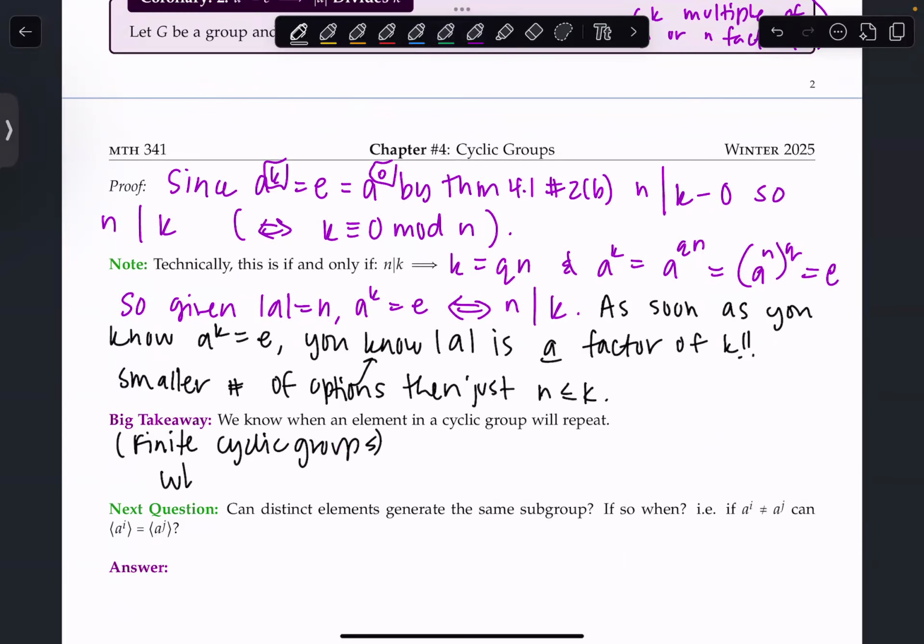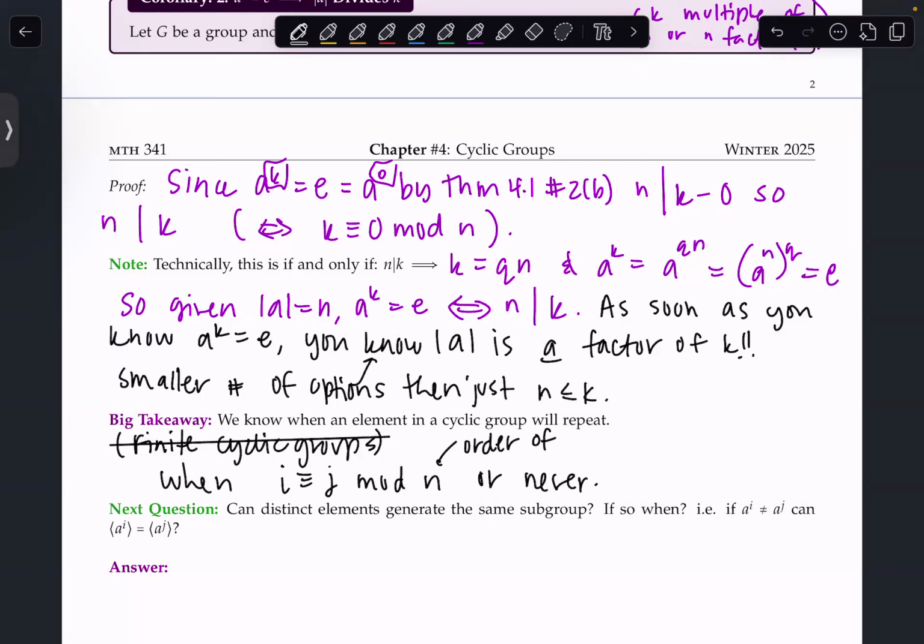This is going to be when the powers are equivalent to each other mod n, or never. The never part is for when the group is infinite, or when the element has order infinity. Where n is the order here.